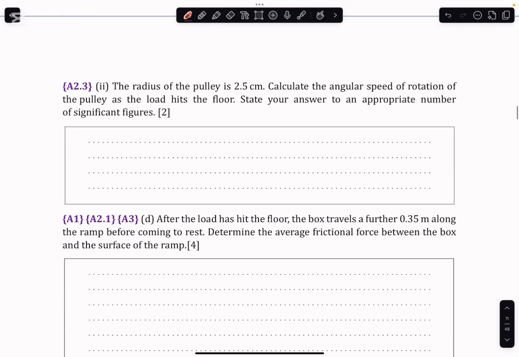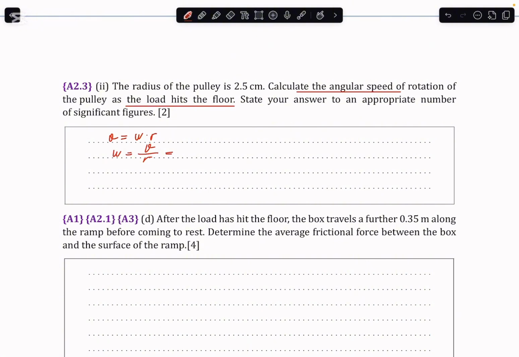The fourth question is: the radius of the pulley is 2.5 centimeters. Calculate the angular speed of rotation of the pulley as the load hits the floor. So V equals angular speed times the radius, where V is the linear speed. That means the angular speed equals the linear speed over the radius.